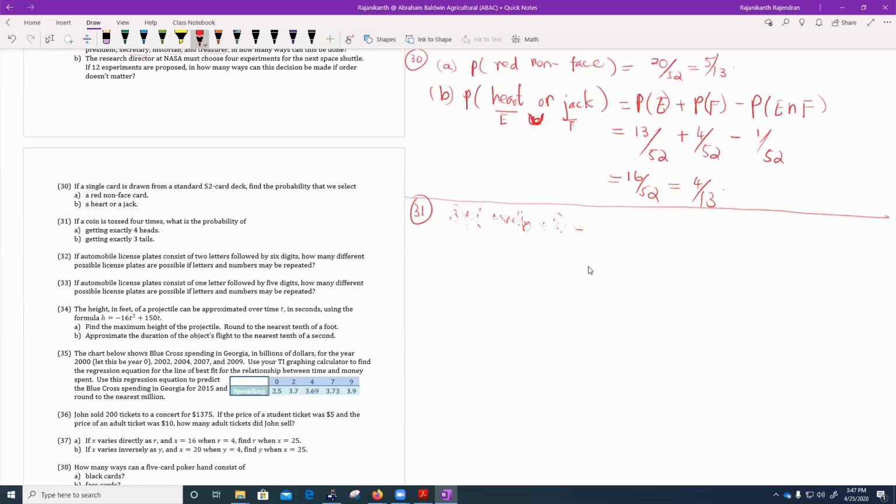Therefore, the number of ways is only one way you could do this. So it is 1 out of how many total in my sample space? 2 to the power 4, because you are tossing 4 times. Each time you have 2 outcomes. So 2 times 2 times 2 times 2, which is 2 to the power 4.